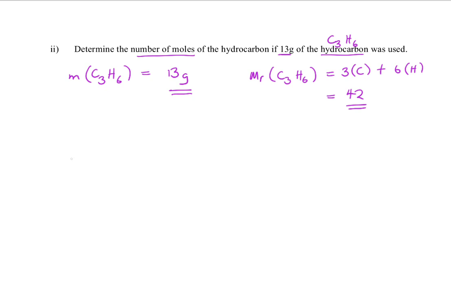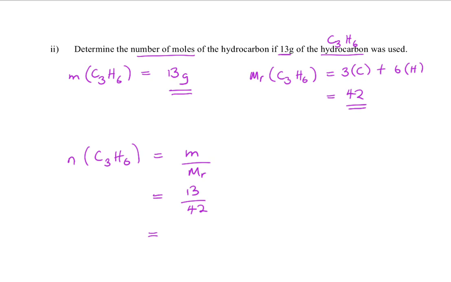So the formula for number of moles: the number of moles of C3H6 is equal to mass over Mr. In other words, 13 grams over 42.